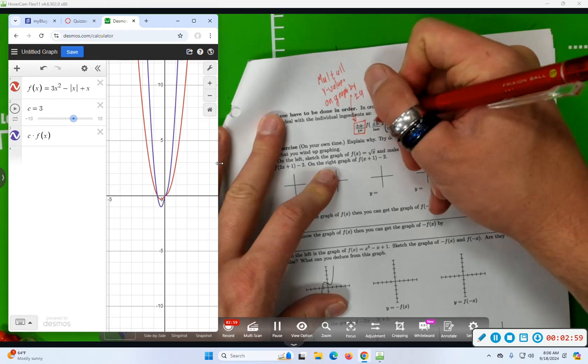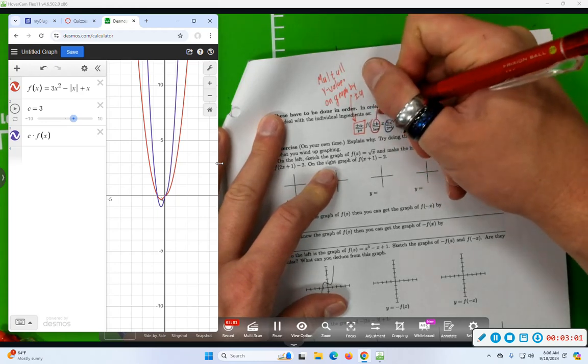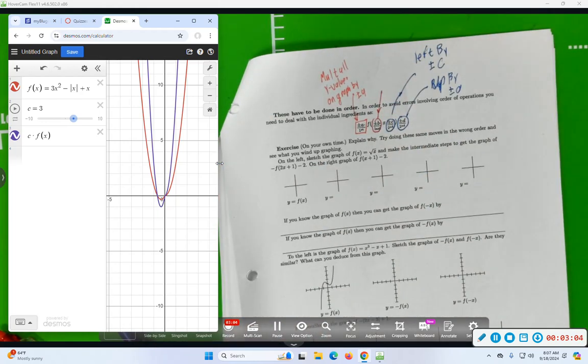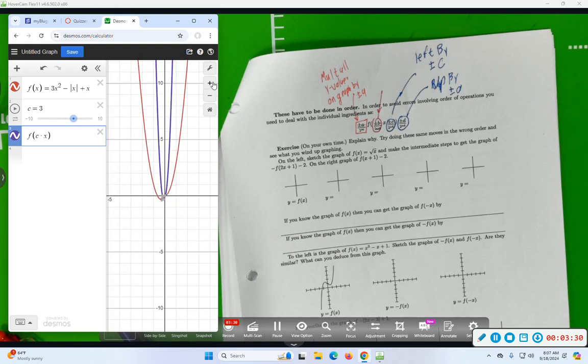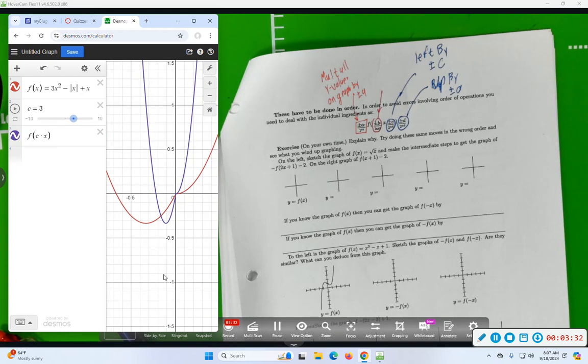And I guess the final thing is what happens when you take the input of a function, the x in the function, and you multiply it by some number. Well, what's it look like has happened?